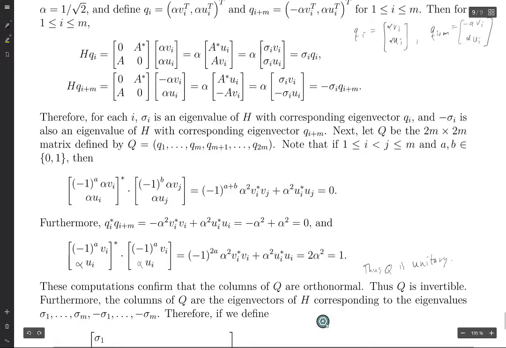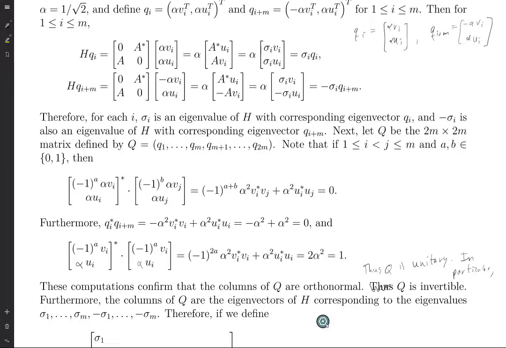So thus Q is unitary, and in particular, Q is invertible. Because for Q to be unitary, it means that it's invertible and Q inverse is equal to Q star. So that's just a special case of an invertible matrix.